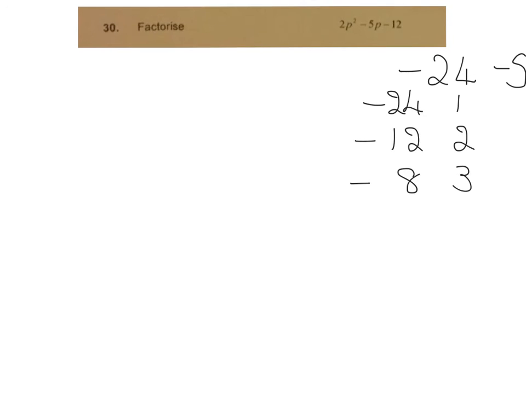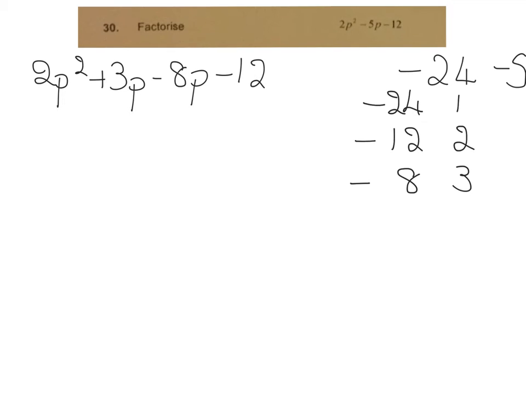So we're going to rewrite the equation using minus 8 and positive 3. So rewritten, that gives us 2p squared plus 3p minus 8p minus 12. Those there, it's just another way to rewrite minus 5p.